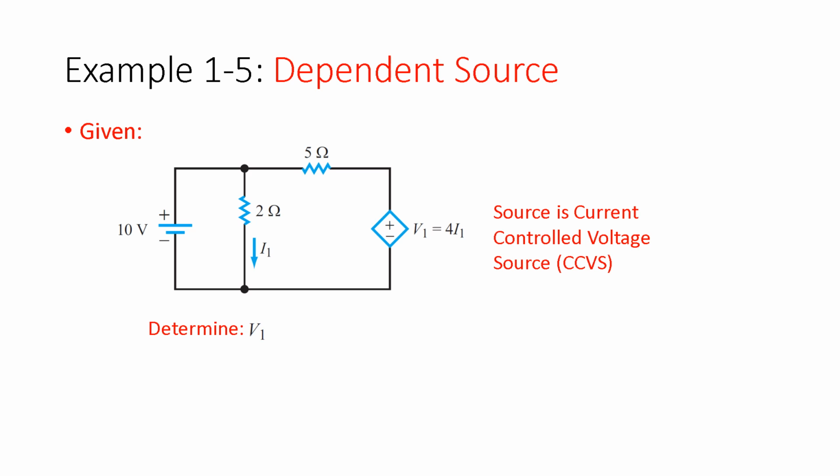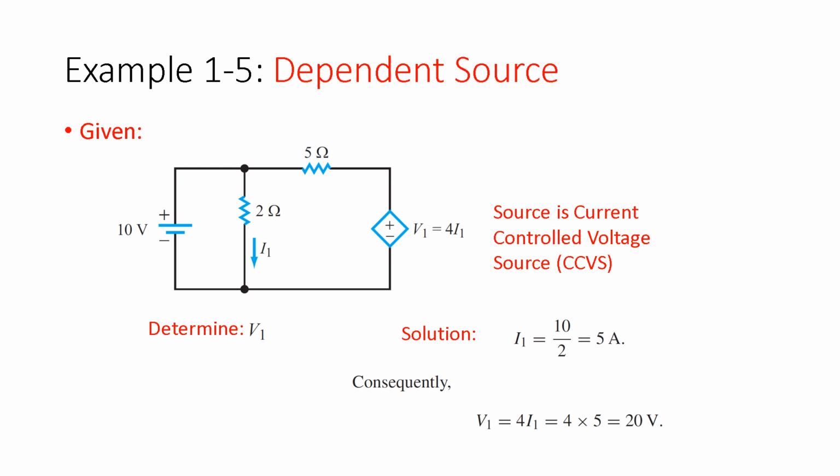We remember that V equals IR, so we can solve for what I is. I1, the current going through that resistor, is going to equal the 10 volts divided by 2 ohms, and that's 5 amps.